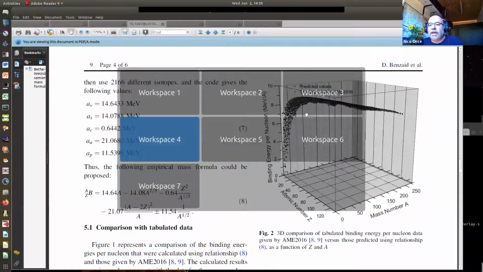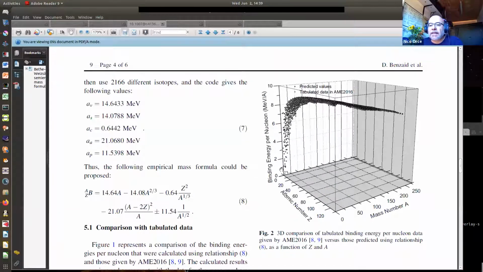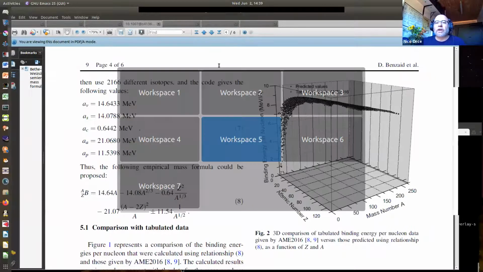And you have this bunch of nuclei. As you can see, not every nucleus has the same binding energy at the same mass number. It differs quite dramatically depending on where you are in the nuclear chart.